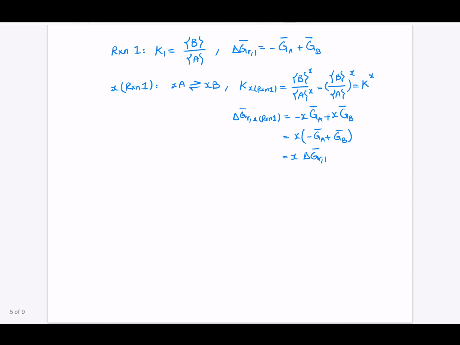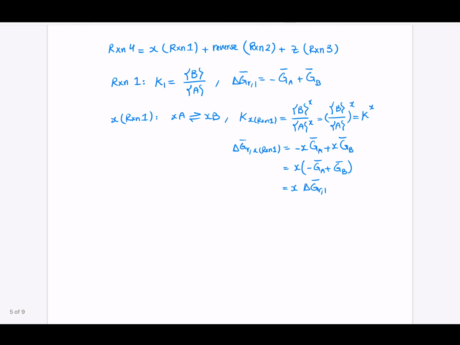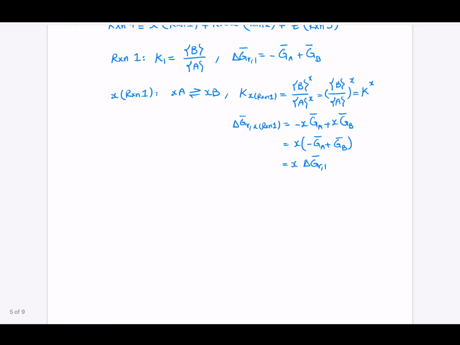So as you probably guessed, this would be X times the delta G of the original reaction. So now we know how to do a reaction multiplied by a factor, how delta G is changing compared to the original reaction.